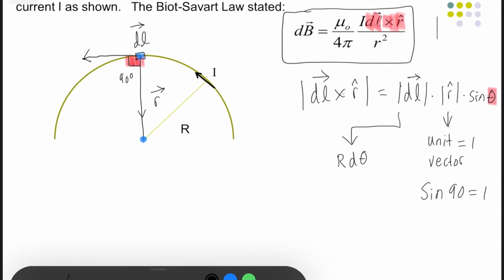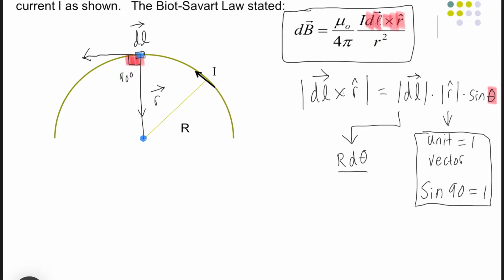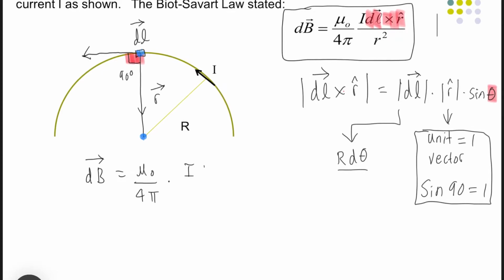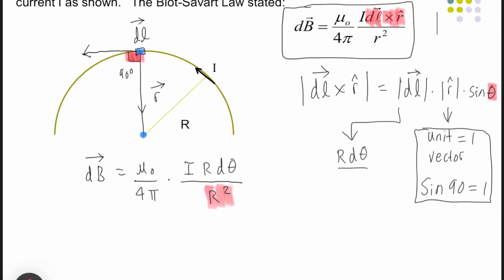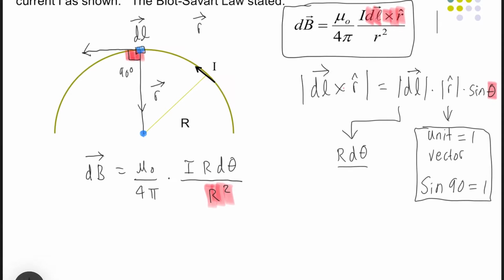Okay? So now that we have our r d theta, and we know that all of this is equal to 1, we end up getting dB vector is equal to mu naught over 4 pi times I r d theta over r squared. The reason why I'm able to write r squared here is because we have our r vector, which is equal to negative r times r hat.